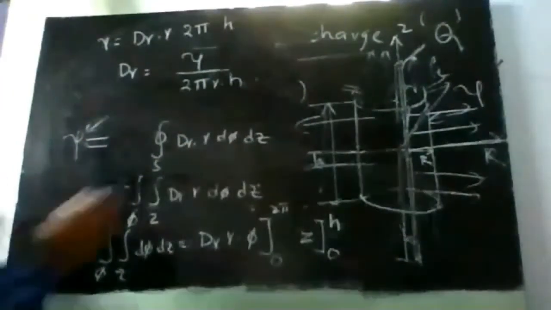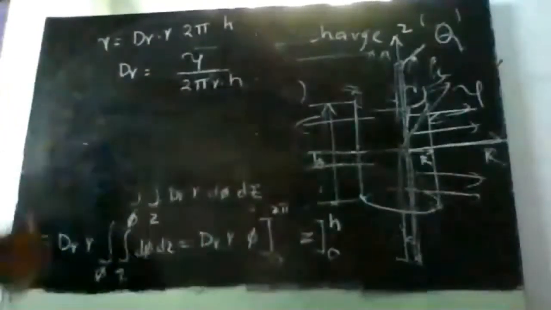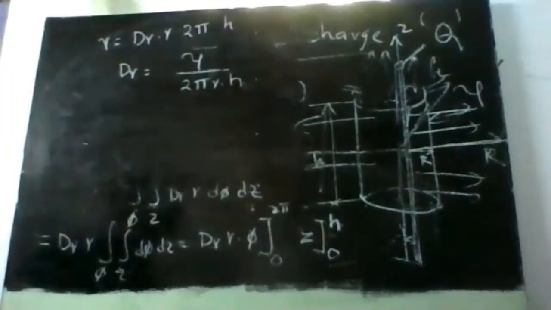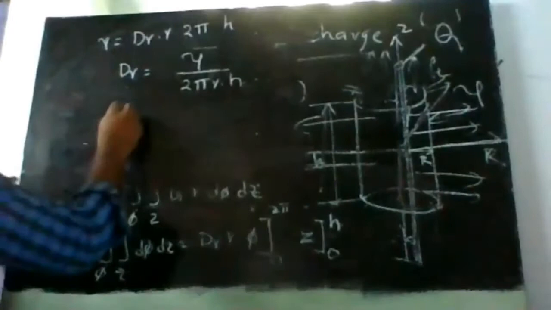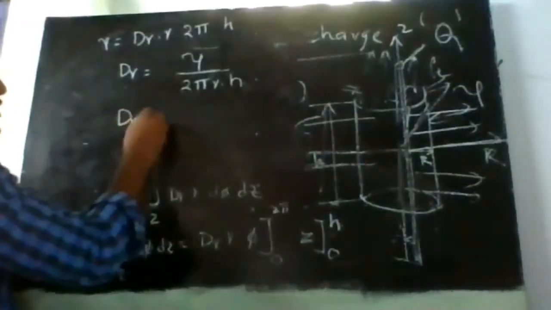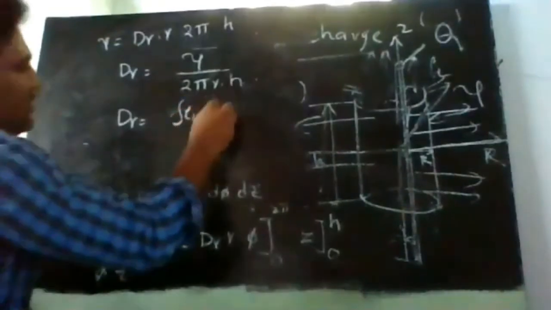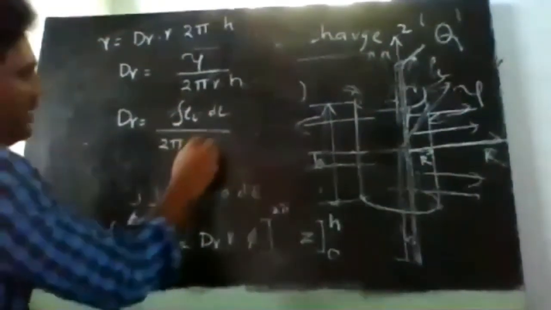Now we know that as per Gauss law, we can write psi as Q, or for a line charge we can write it as the integral of rho l dl. So Dr is equal to the integral of rho l dl divided by 2 pi r into h.